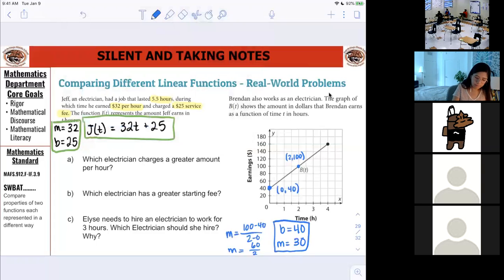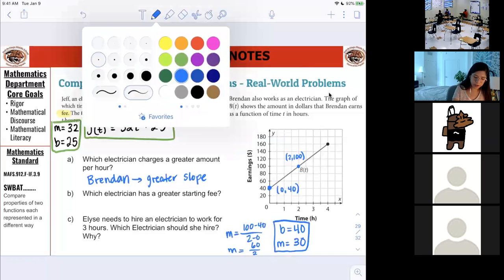Brendan, how do you know? Because of the slope. Good. Brendan has a greater slope. Okay, cool. Which electrician has a greater starting fee?